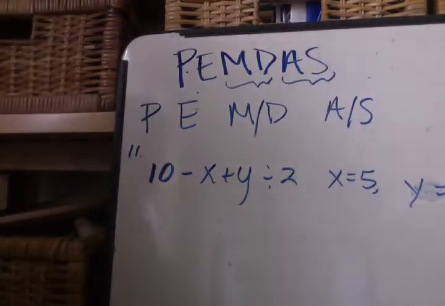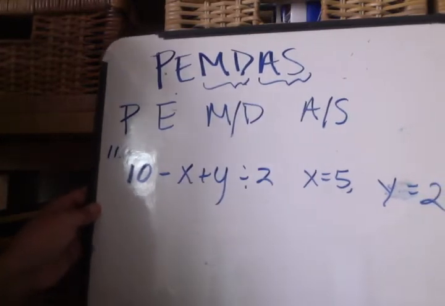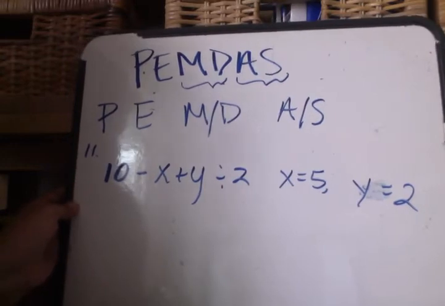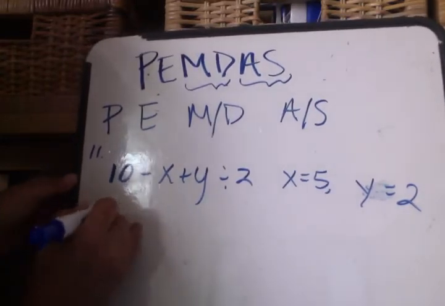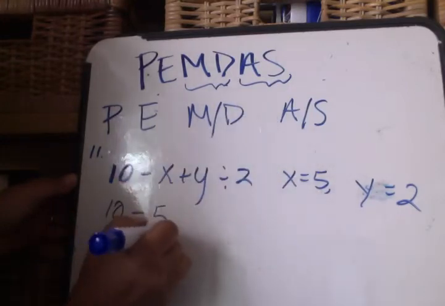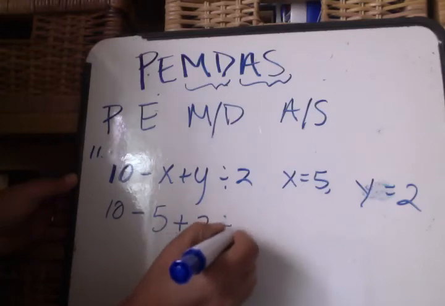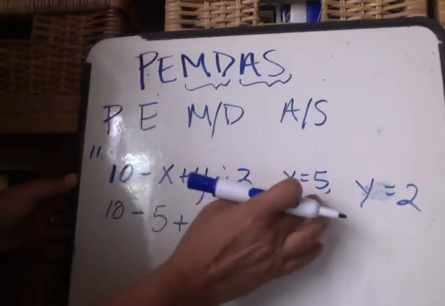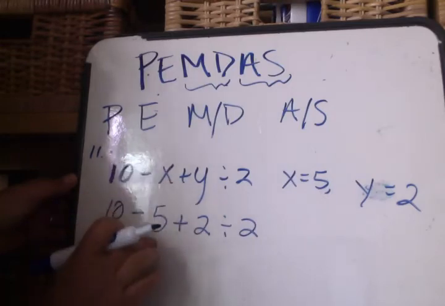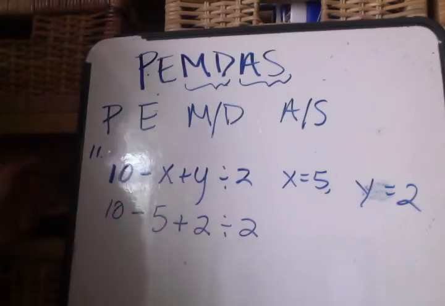So what this is going to be is 10 minus, first I substitute x, which is 5, plus y, which is 2, divided by 2. Again, x equals 5, y equals 2. I substitute 5 for x, and I substitute 2 for y.